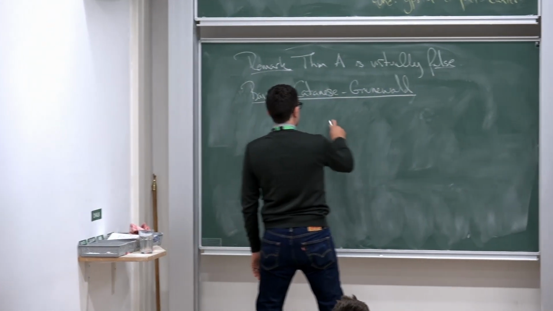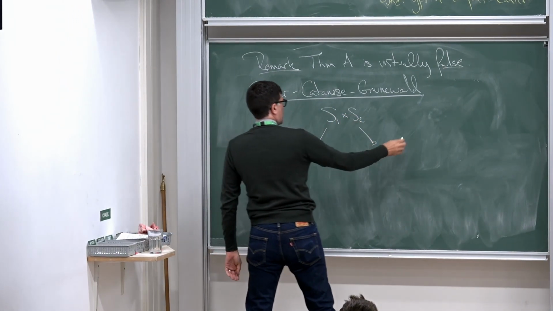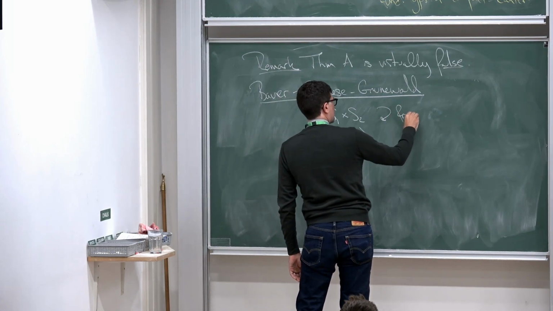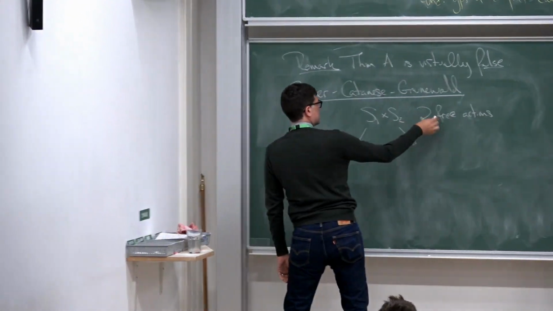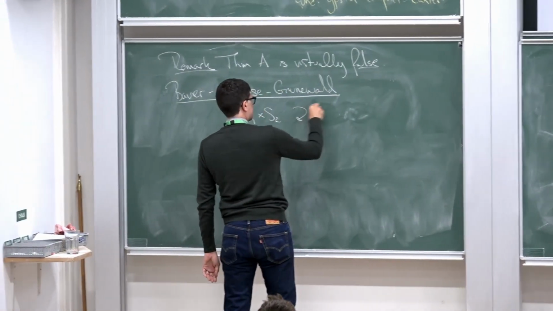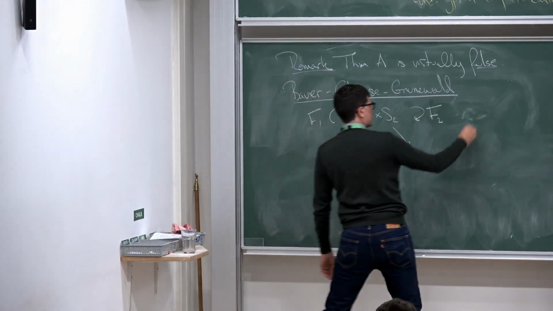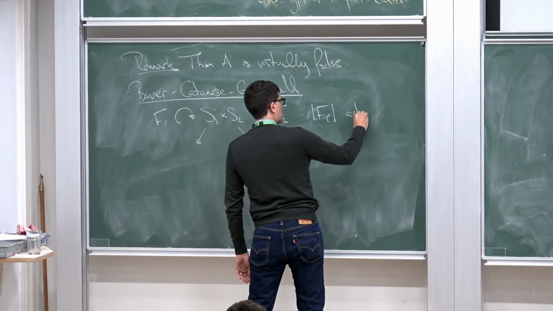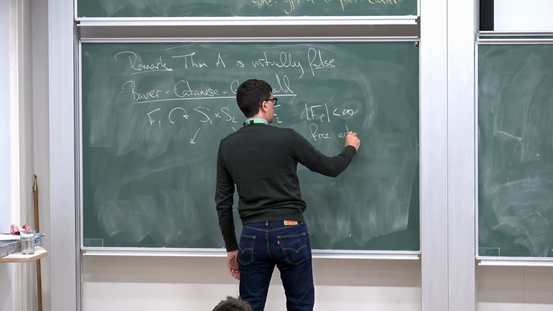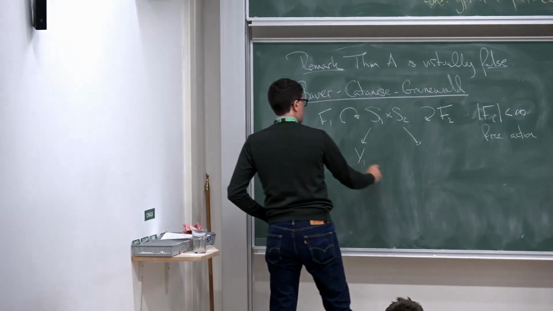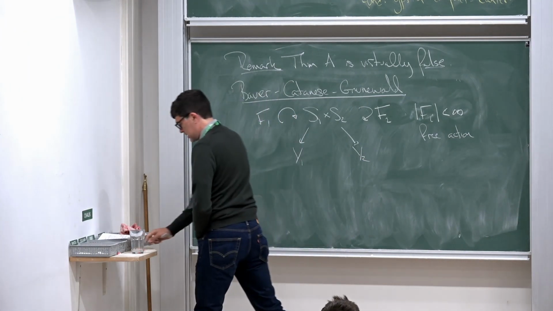So you can have a product of two Riemann surfaces with free actions of finite groups, giving Y1 and Y2.